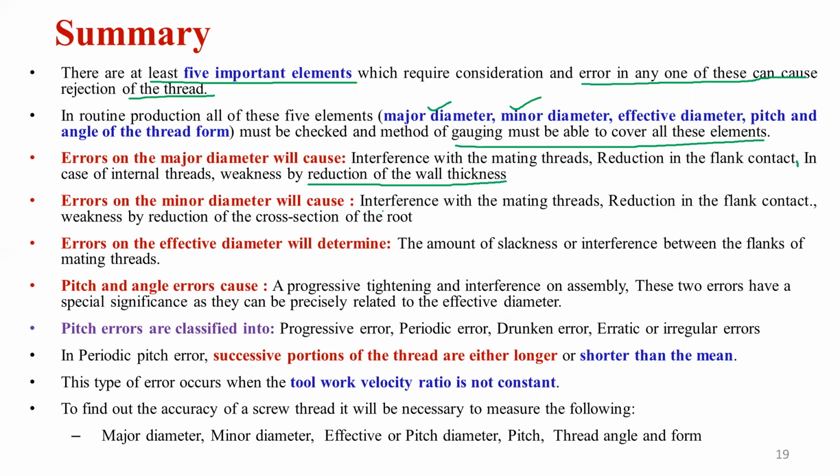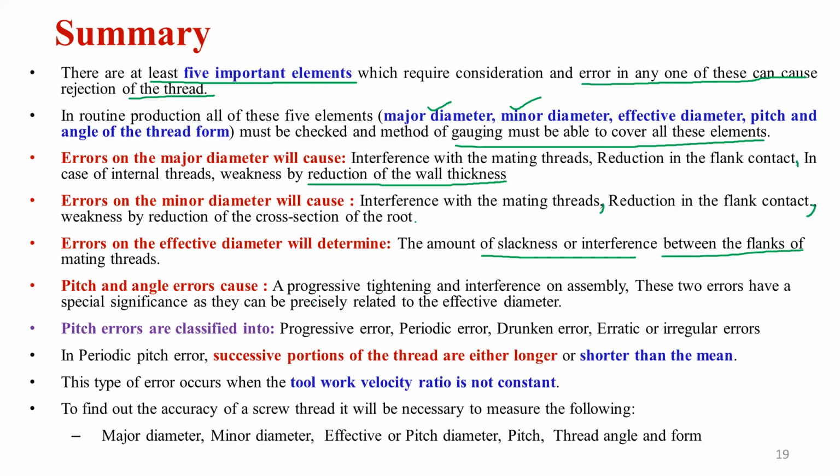Errors in the minor diameter cause interference with the mating threads, reduce the flank contact, and also weaken the thread by reducing the cross section of the root. Errors in the effective diameter determine the amount of slackness, tightness, or interference between the flanks of the mating threads. Pitch and angle errors cause progressive tightening and interference on assembly.